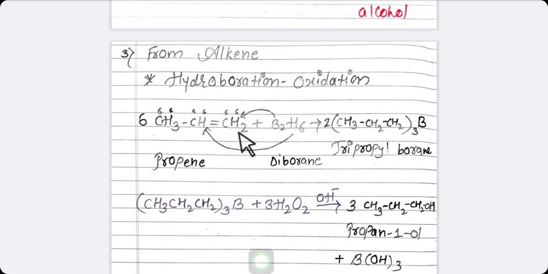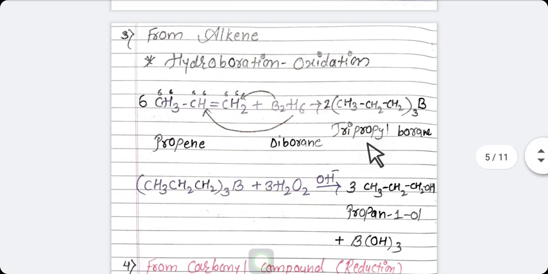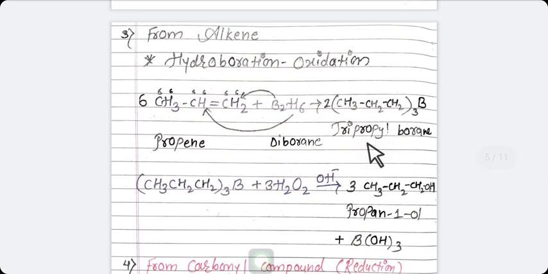But the quantity of boron is 2 and the quantity of the whole propyl group is 6. So you have to arrange this compound so that you have your propyl group in a 6 quantity and boron in a 2 quantity.